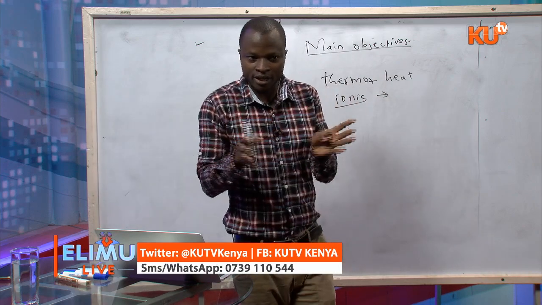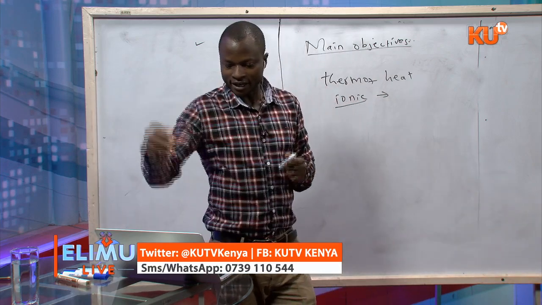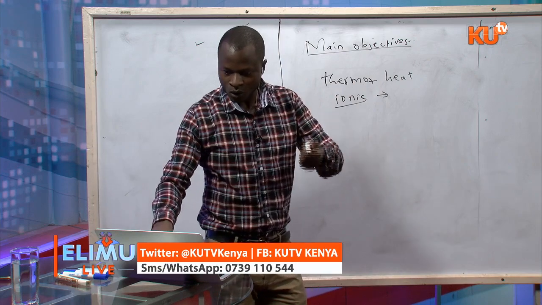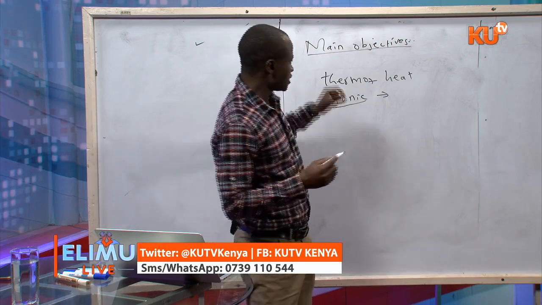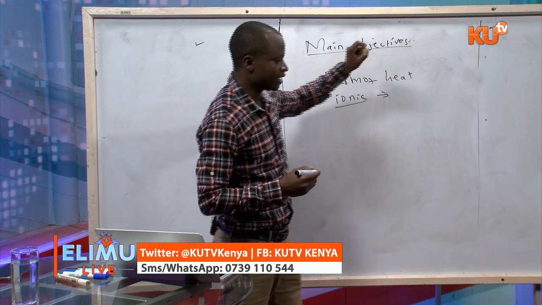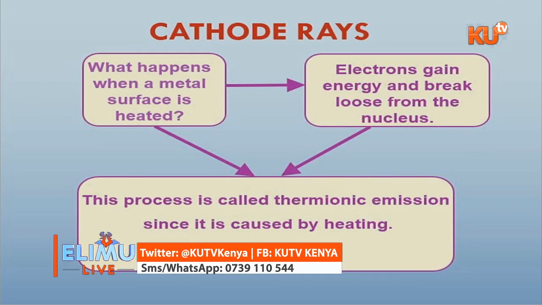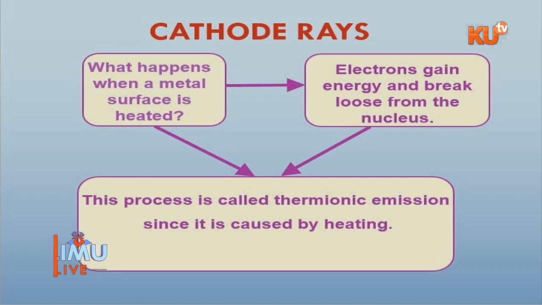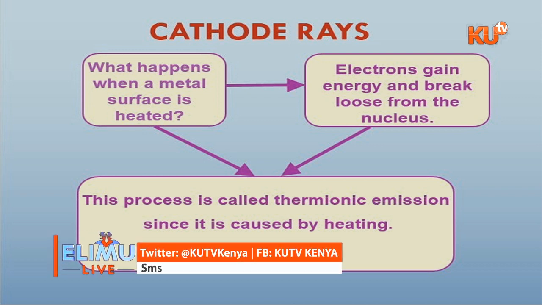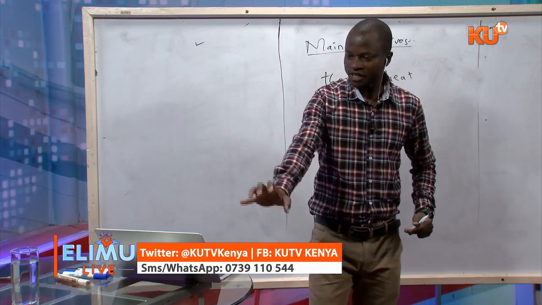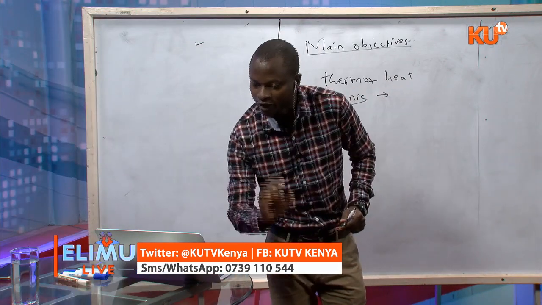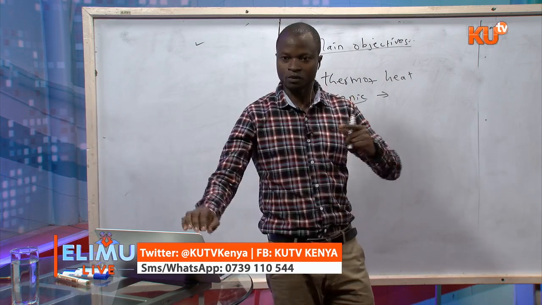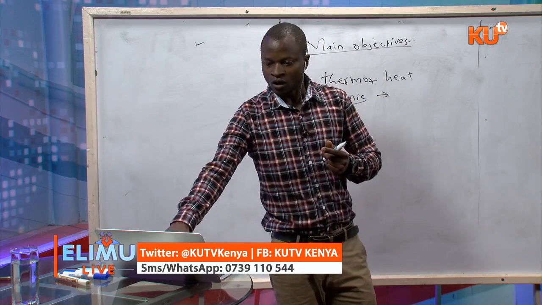Once they are free, they can move in any direction. Therefore, what do we say? This process is called thermionic emission. This one is testable and it's examinable. You can be told, explain the process by which electrons are emitted from a metal surface. You say thermionic emission, because it is caused by heating.